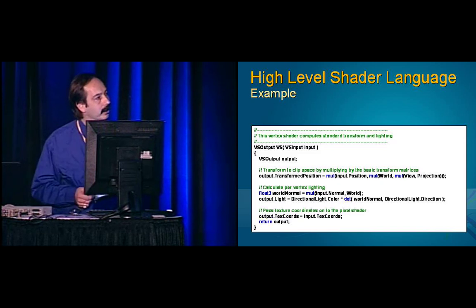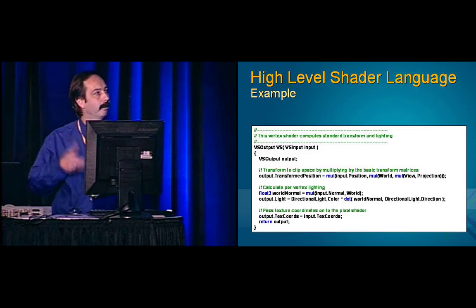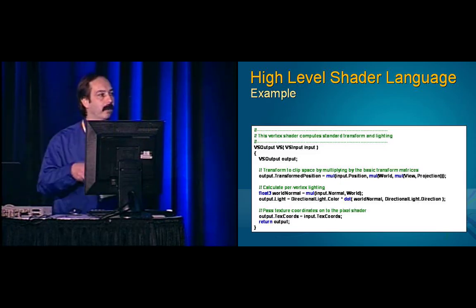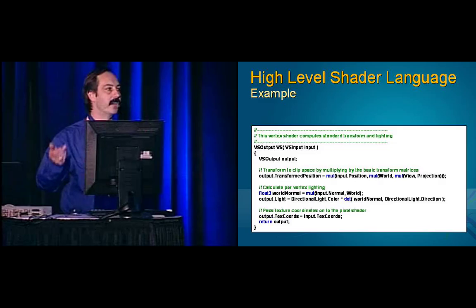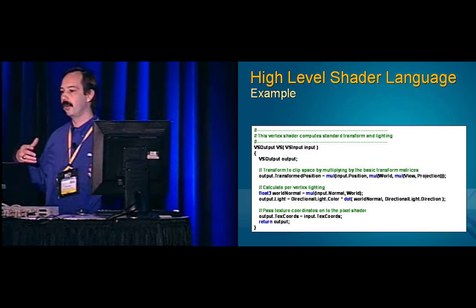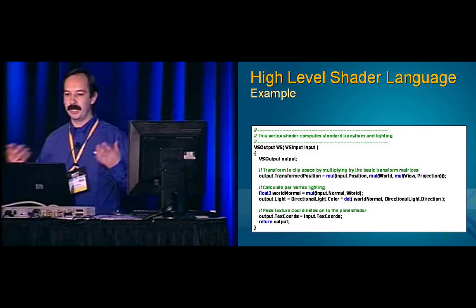And what I have here is a vertex shader. This is pretty well a minimal sort of vertex shader. It gets some input. It calculates the position in 2D space by multiplying it by the world coordinates, the view, and the projection. It gives you a new transform position. This particular one does some calculations on the lighting that each vertex may have.